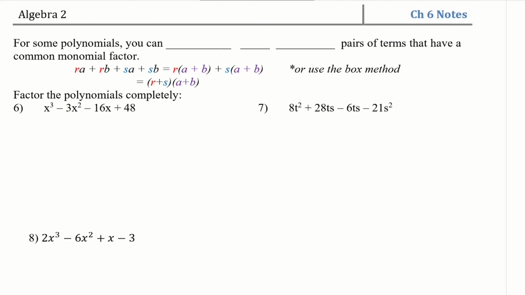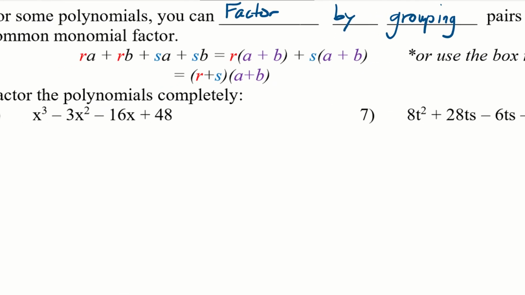So for some polynomials, you can factor by grouping pairs of terms that have a common monomial factor. So the example right here might look a little bit complicated, but you have basically RA plus RB plus SA plus SB.